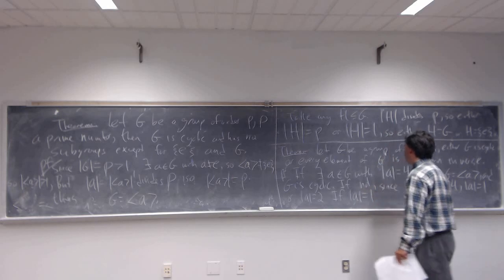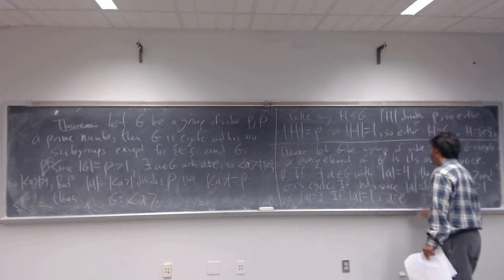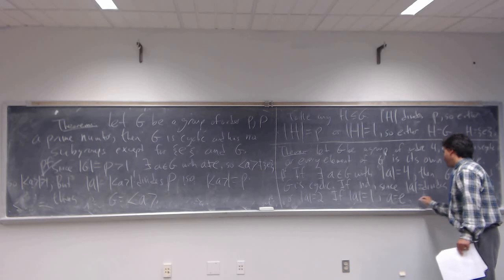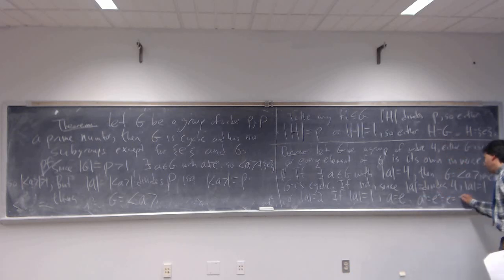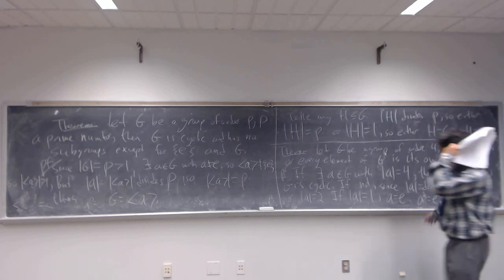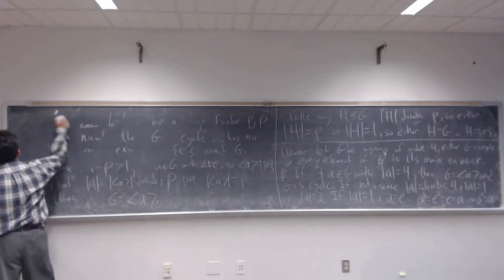If the order of A equals 1, only one element has order 1, A is the identity, and so certainly A squared is E squared, which is E, which is A, so A inverse is equal to A. Well, maybe I don't even need to show that the identity is its own inverse.